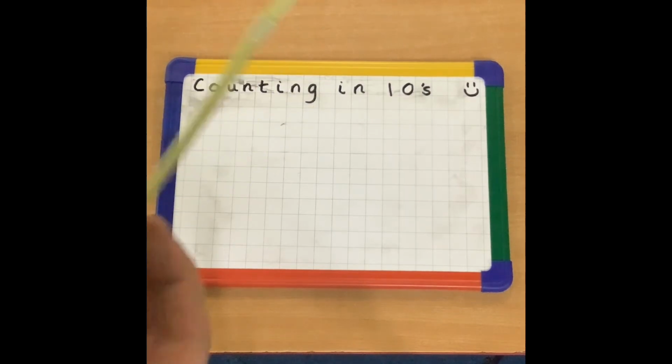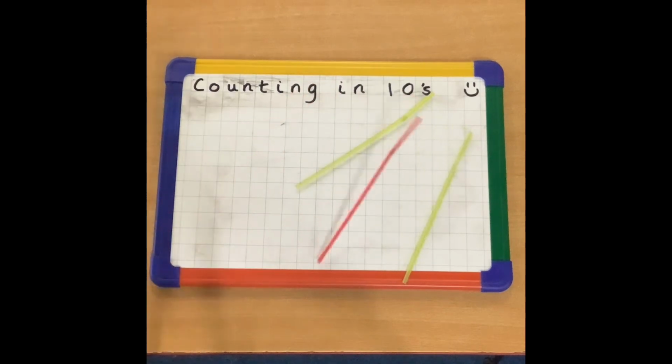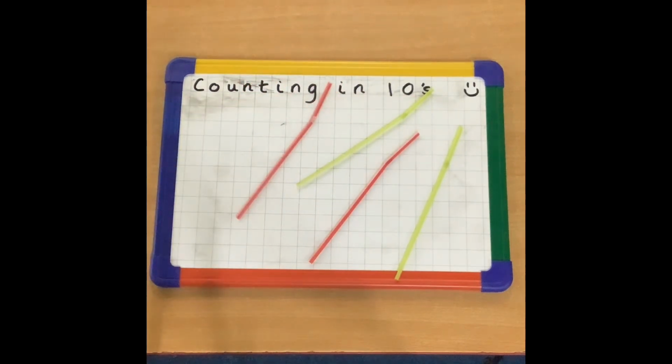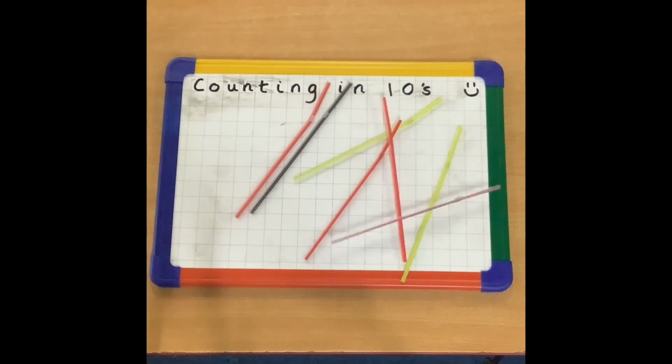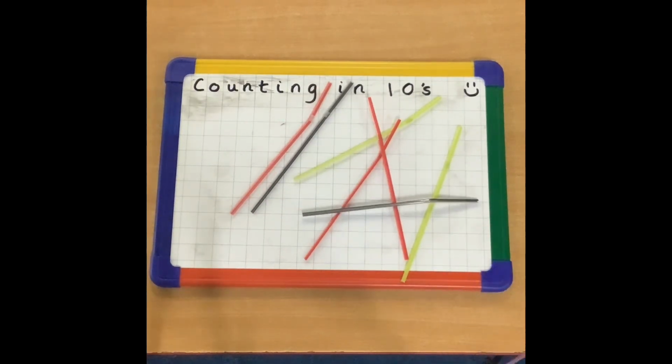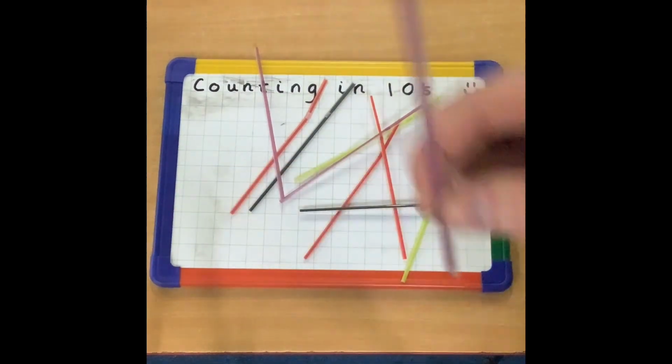So ready? 1, 2, 3, 4, 5, 6, 7, 8. Oh, I've got one rolling away. 9, 10. I'm going to need to pick that one up off the floor, but I have 10 straws.